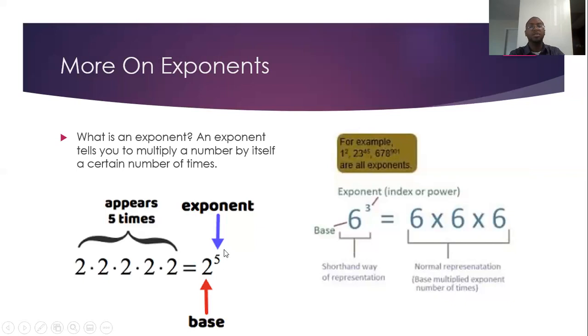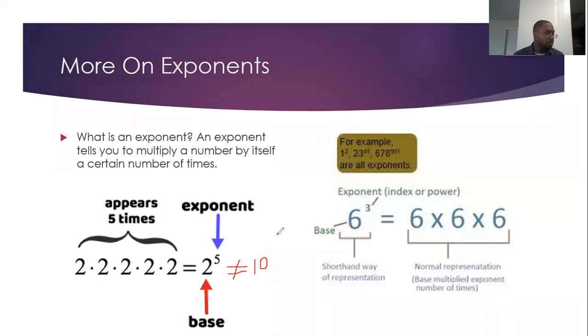The biggest thing that I wanted to say about this is if we have 2 to the 5th, that does not equal 10. One of the common mistakes that students make. Now again, this is just because you haven't done a whole bunch of this, so you just are going off the first thing you think in your brain.